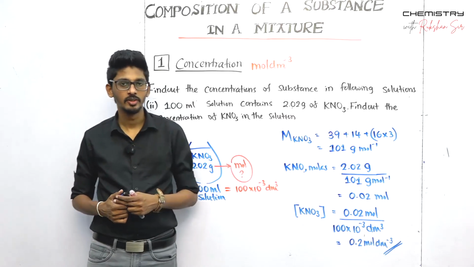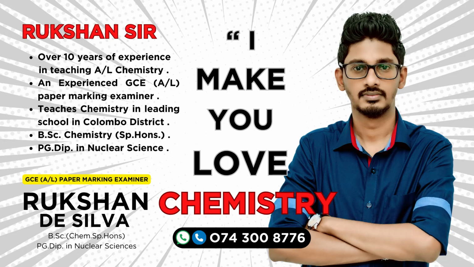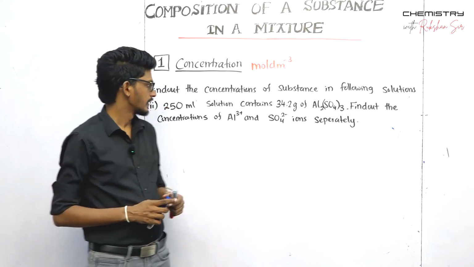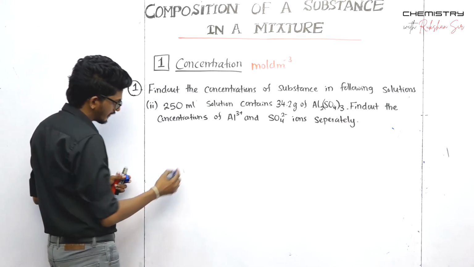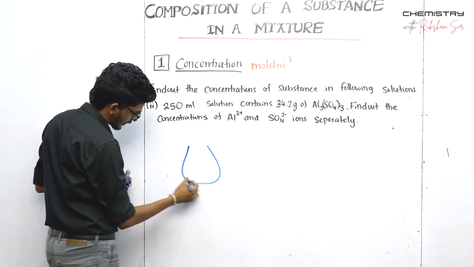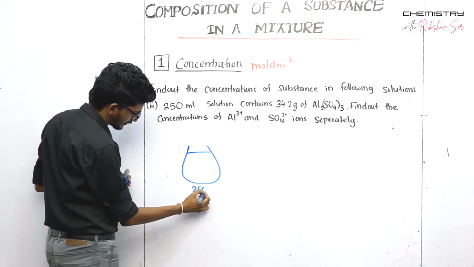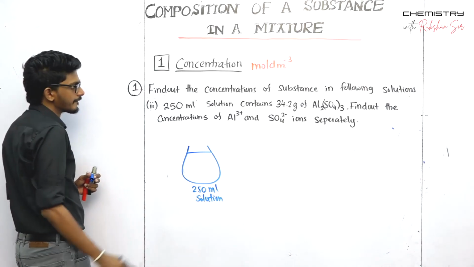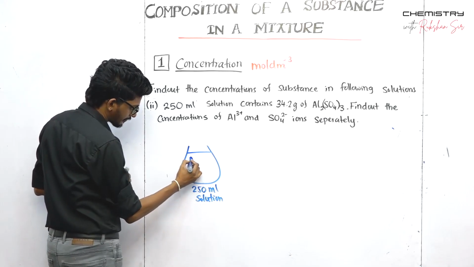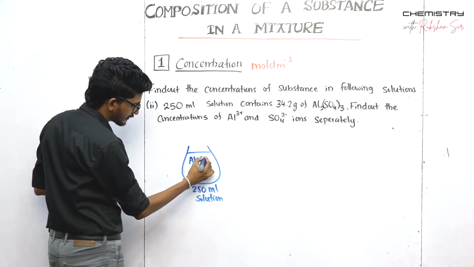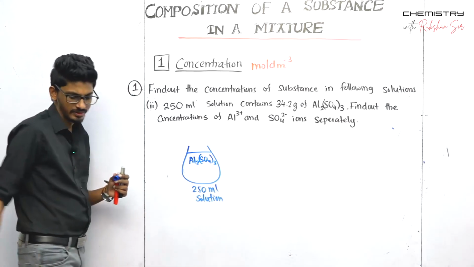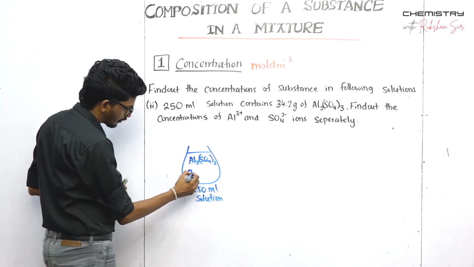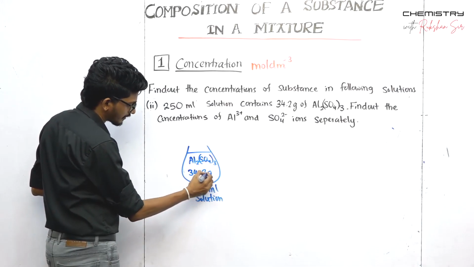Let's do problem number 3. Here you clearly see you have 250 milliliters of solution that contains aluminium sulfate. The amount is 34.2 grams.